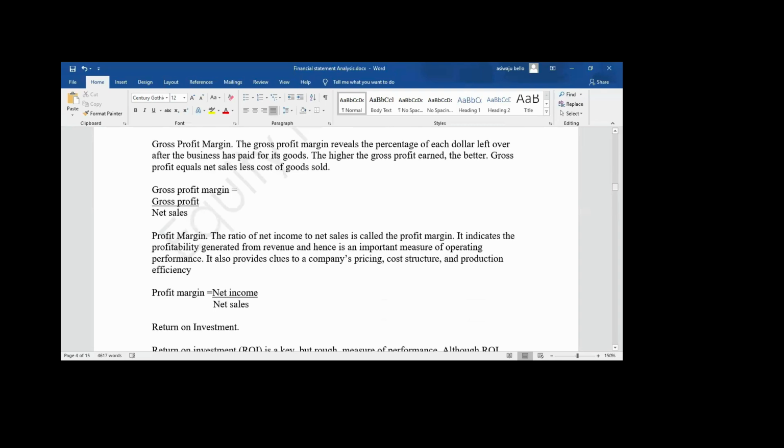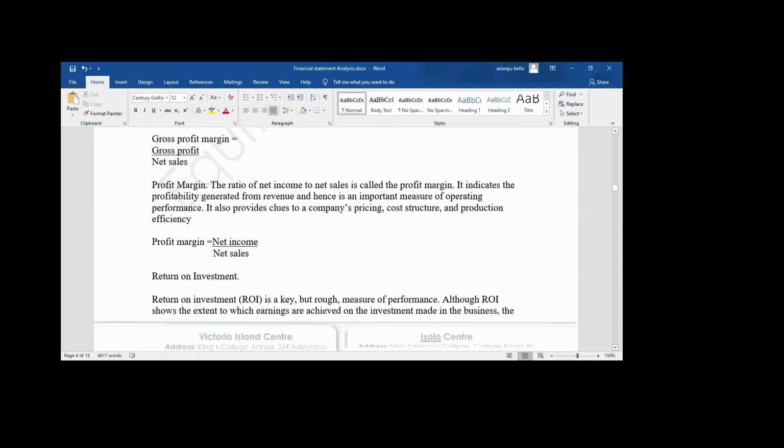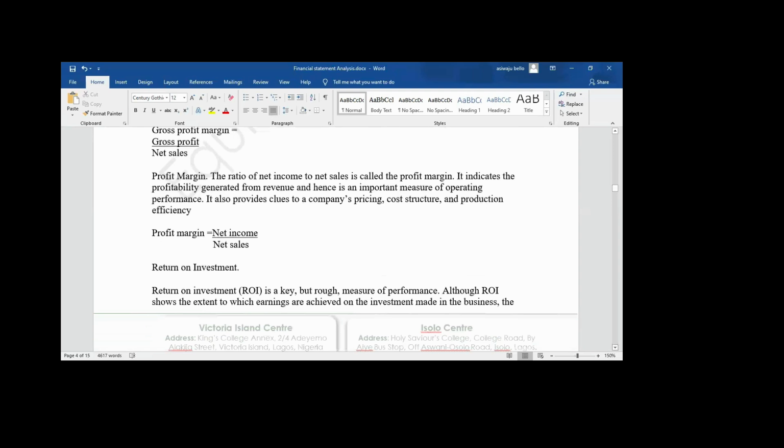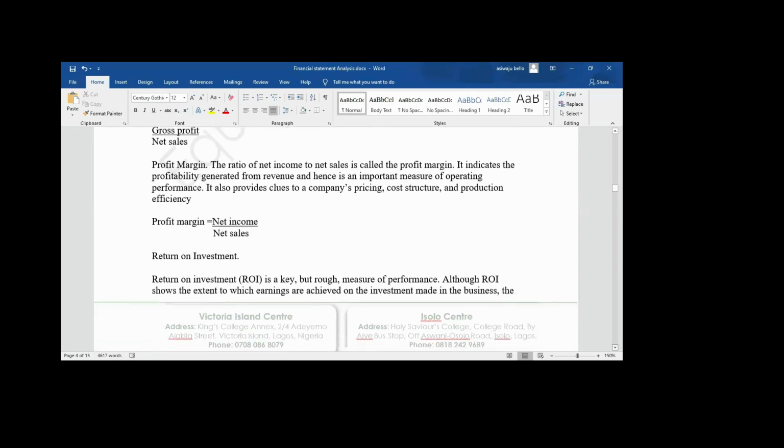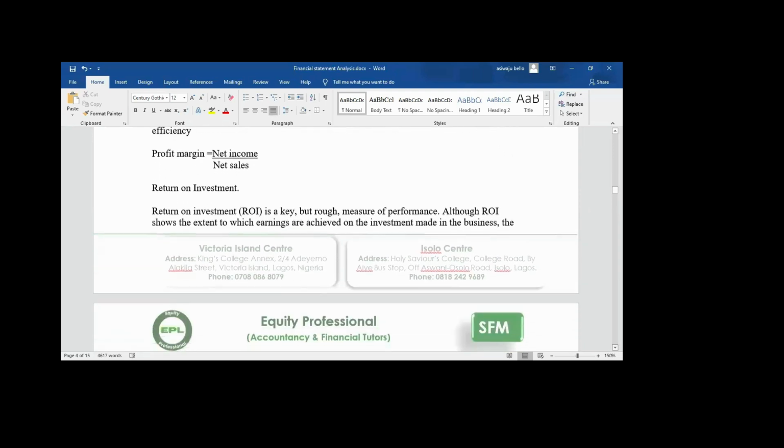You can look at return on investment, that is return on capital employed. To measure performance, we can look at return on capital employed. Return on investment is a key, but rough measure of performance. It shows the extent to which earnings are achieved on the investment made.